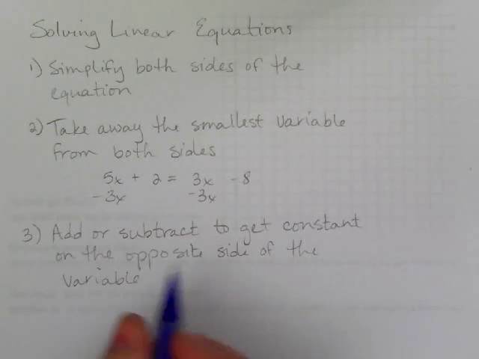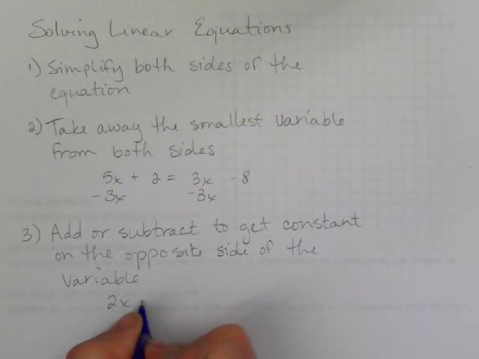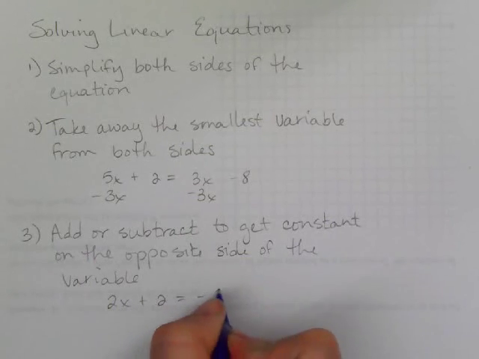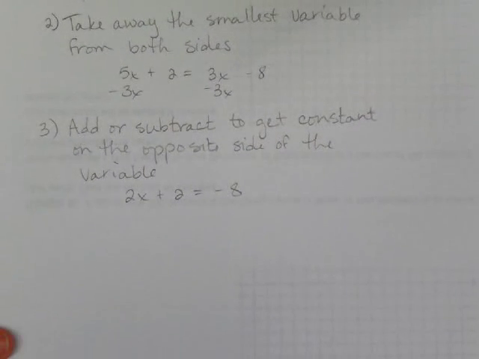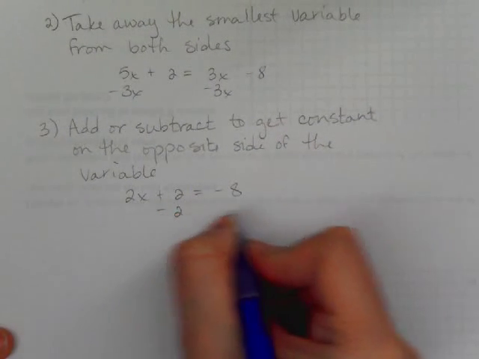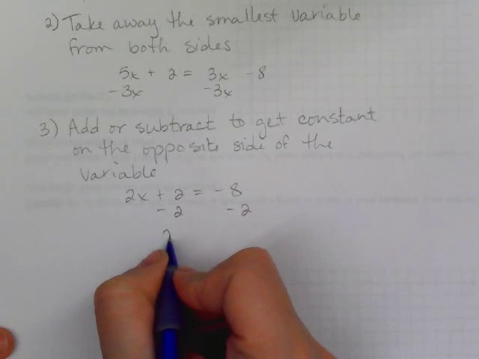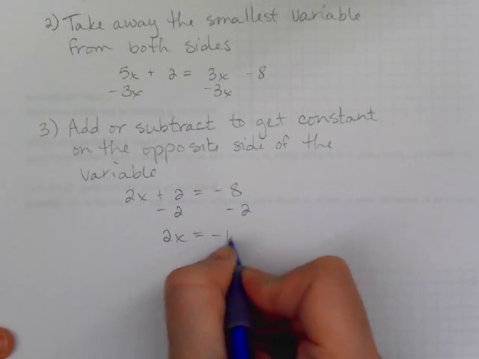So from my step up here, I've got 2x plus 2 equals negative 8. Since I am adding that constant of 2, I'm going to subtract it. So I do the opposite of what it is. So I have 2x equals negative 10.